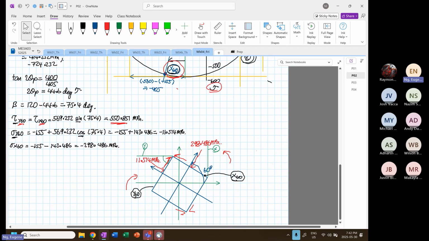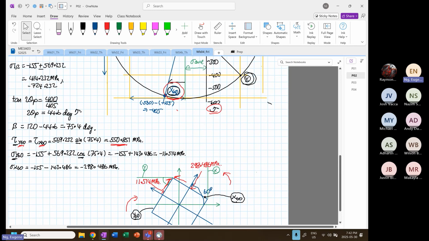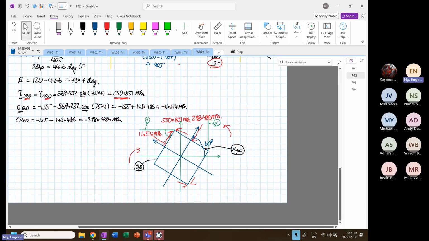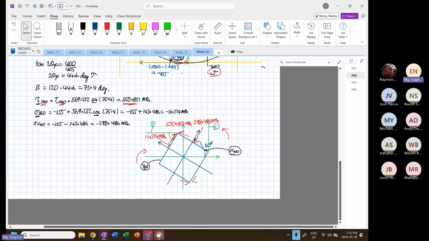And the value we are looking at is equal to 550.851 megapascal. Okay. So in your test, when you are asked to draw this, the important thing to do is to write down the angle, the corresponding stresses, and the direction of the normal stress, and the what? And the shear stress.